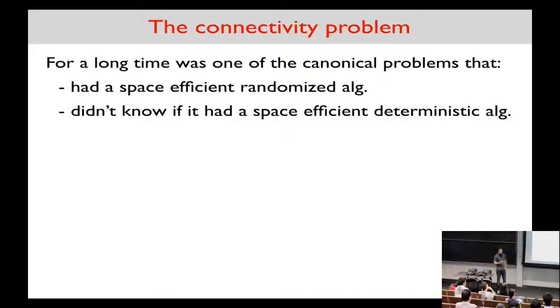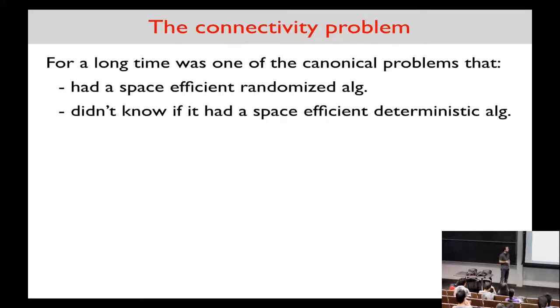So that's a way to do it in randomized logarithmic space. And this used to be for a long time a canonical example of a problem where we had a very nice space-efficient randomized algorithm, but we had no idea how to do it without using randomness in logarithmic space.